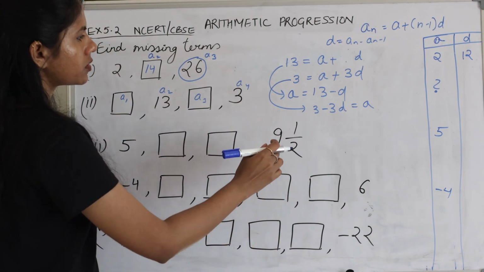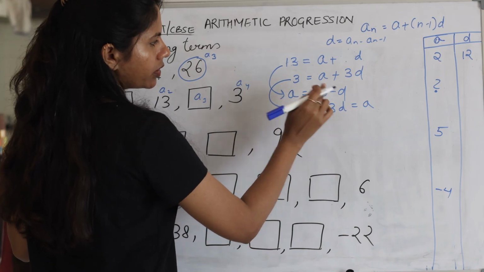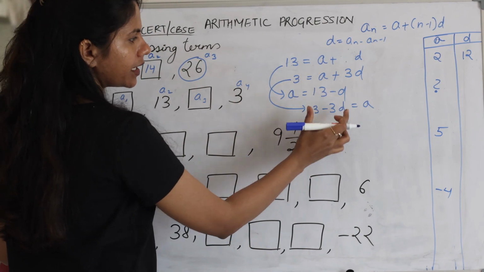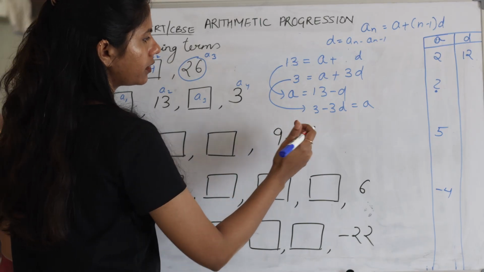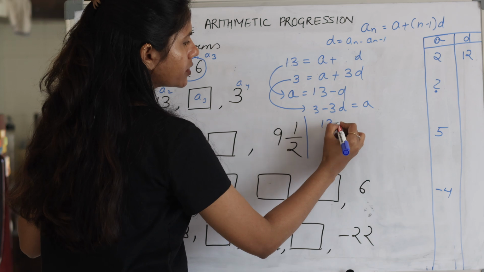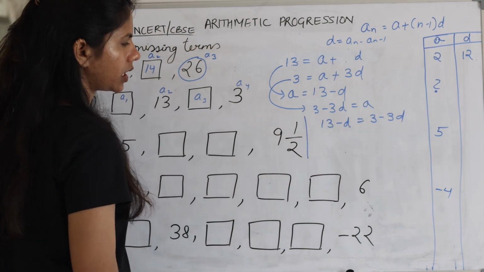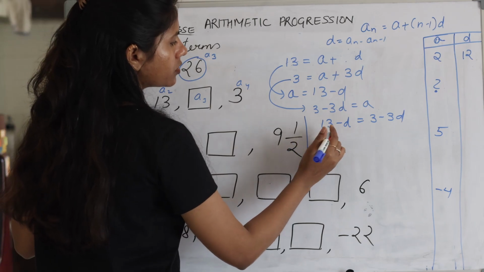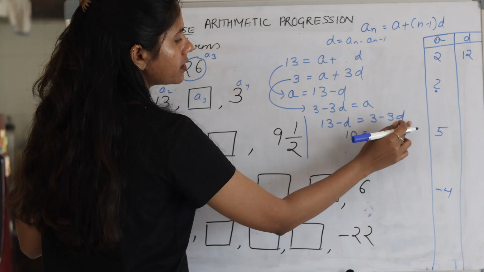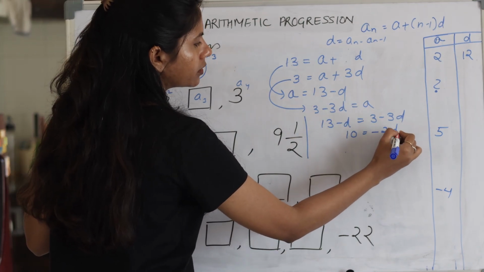So for a we have two expressions: a equals 13 minus d, and a equals 3 minus 3d, which means these should be equal. So we write 13 minus d equals 3 minus 3d and solve it. 13 minus 3 is 10, equals minus 3d plus d, which is minus 2d.